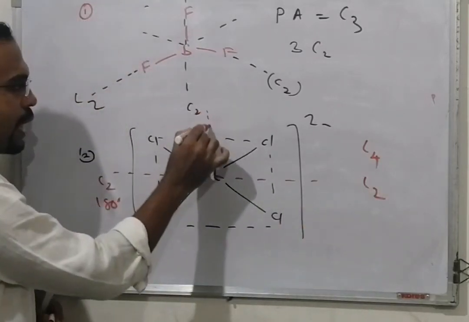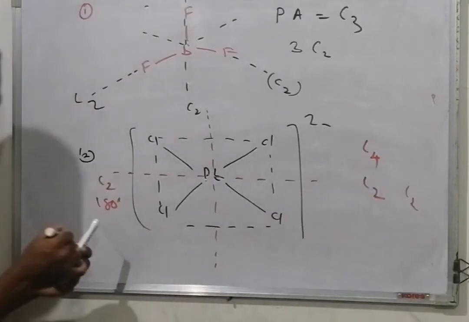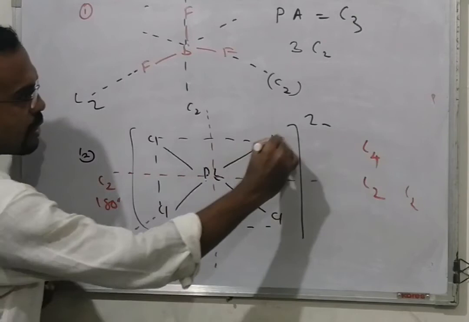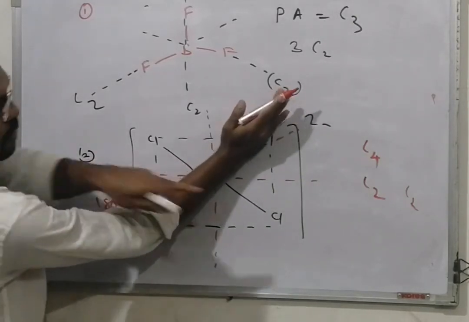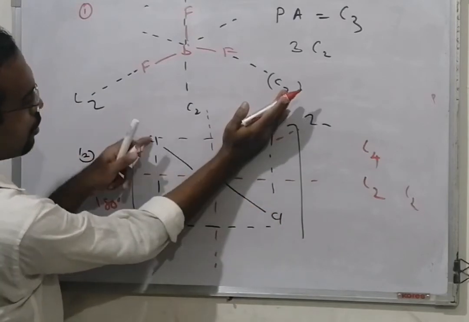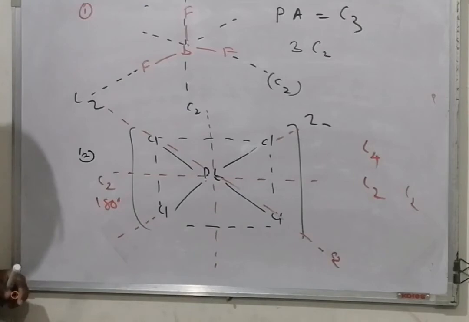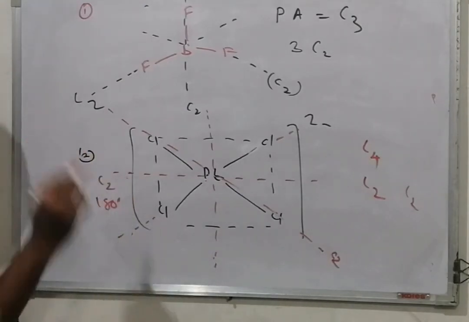And you have a y-axis as C2 axis, z-axis as C2 axis, one more C2 axis like this. Now, what is another C2 axis? Yes, you have a C2 axis like this, you rotate like this. Am I correct? Therefore, this Cl 180 degree, this Cl come here, this Cl come here. Again, another C2 axis like that. Therefore, how many C2 axis? 1, 2, 3, 4.